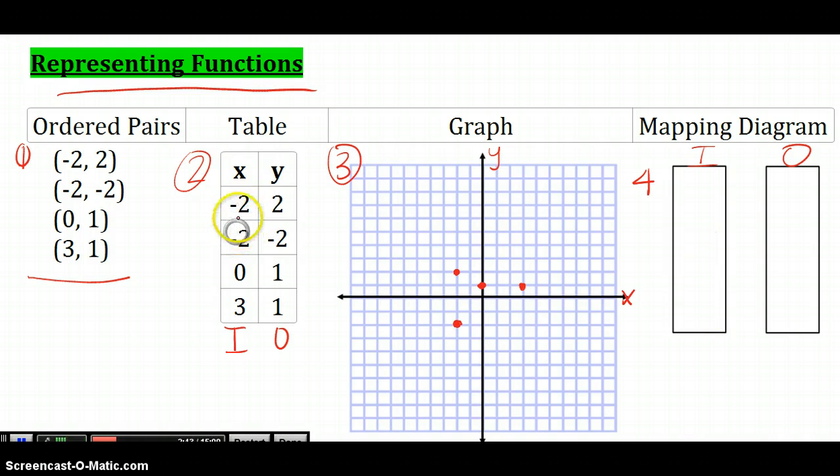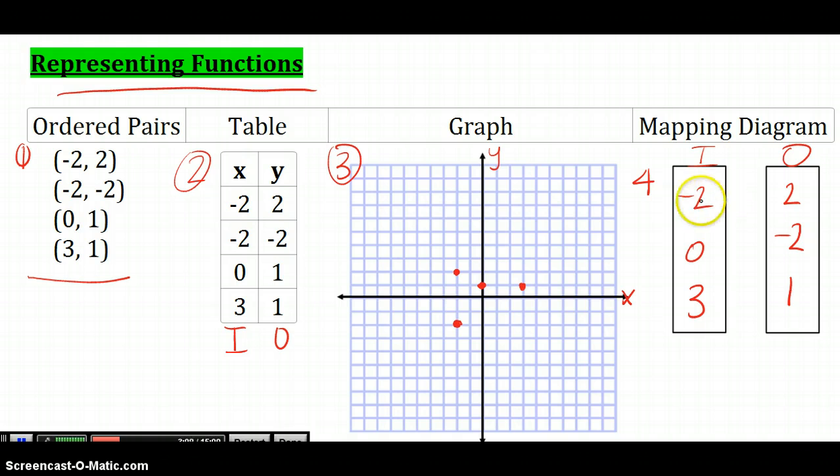If you have more than one of the same number, you don't have to list it twice. So here we have two -2's in the x column, and we just list that once. We also have a 0 and a 3. And in our output column, our y's, we have a 2, a -2, and we have 1 twice, but we don't have to list it twice.